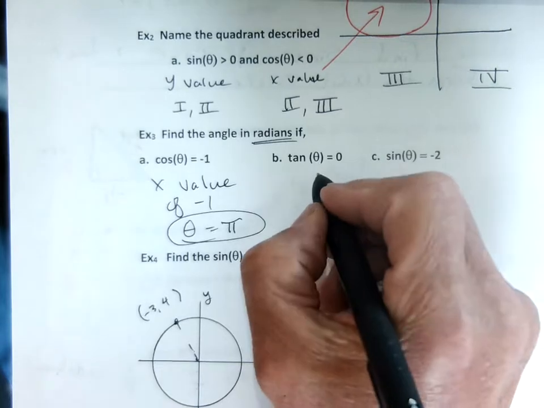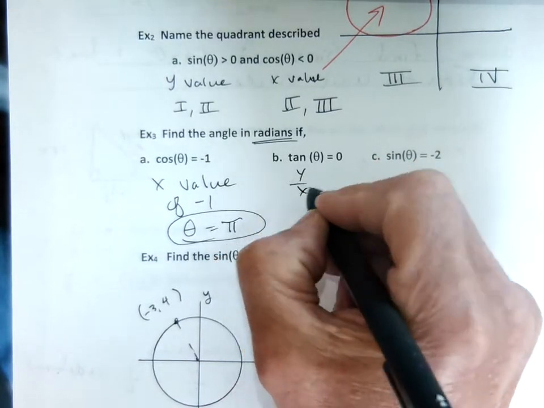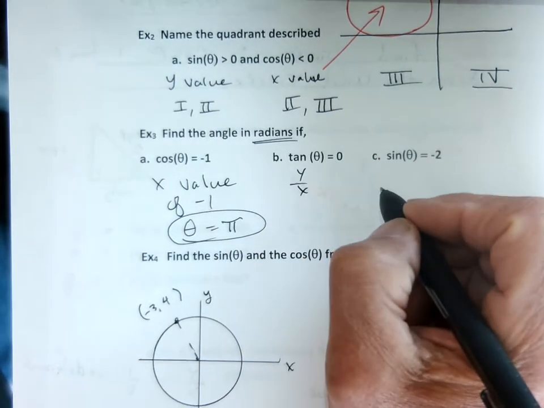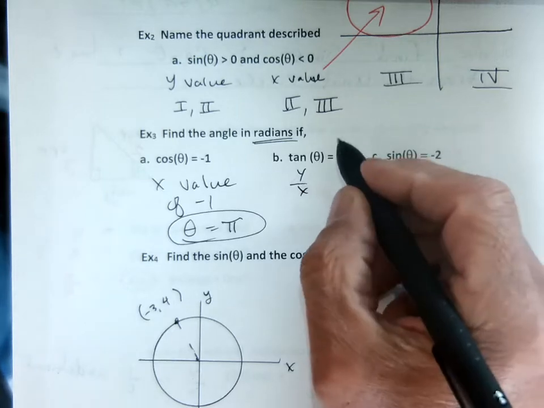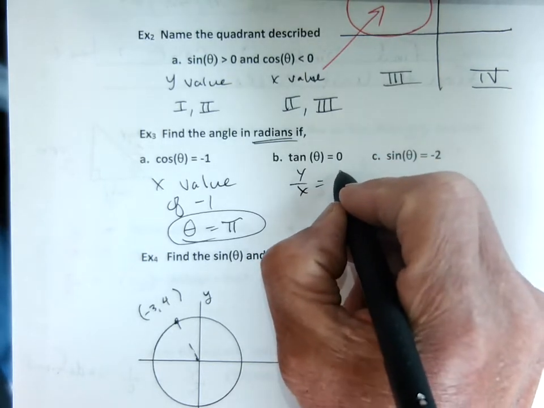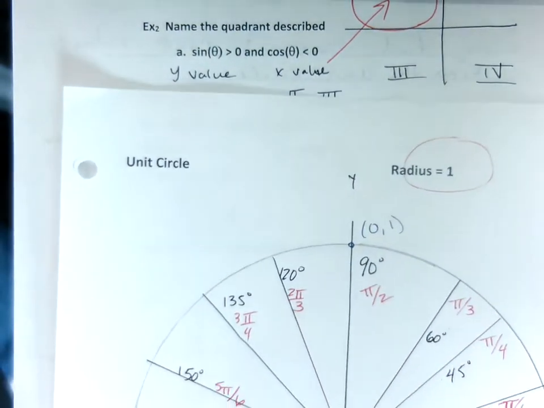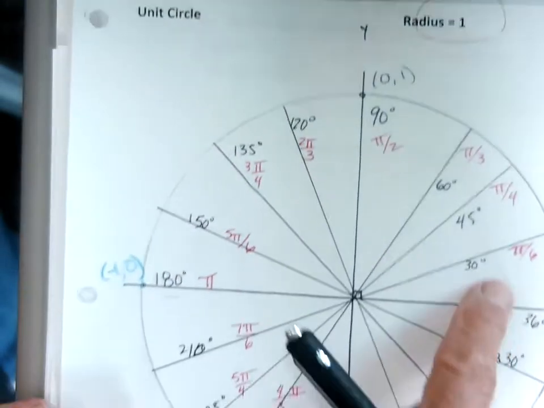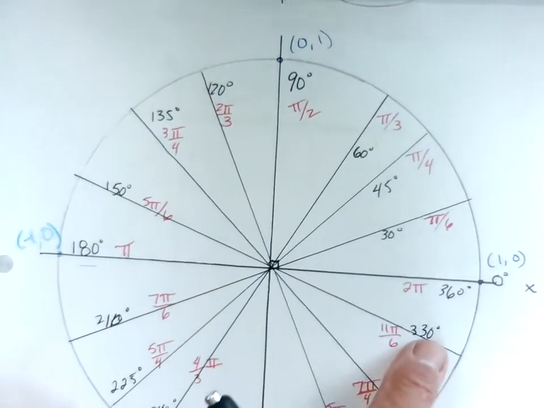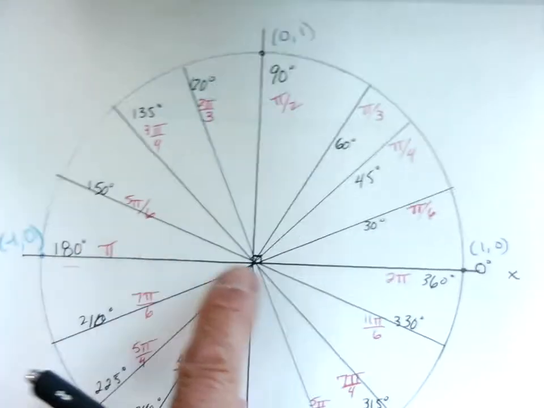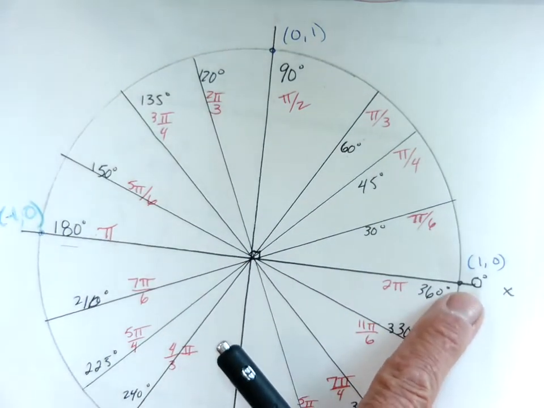Tangent. So we're looking for a y over an x that equals 0, okay? Which really means that the y value is going to be 0. 0 over 1. So where is the y value 0 on the circle? Well, it happens here, and it happens here. It happens in two places, okay?